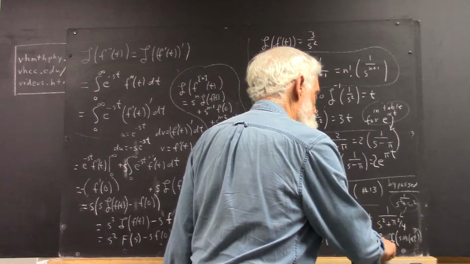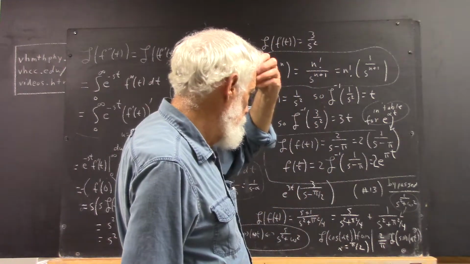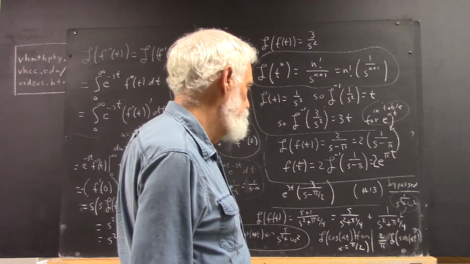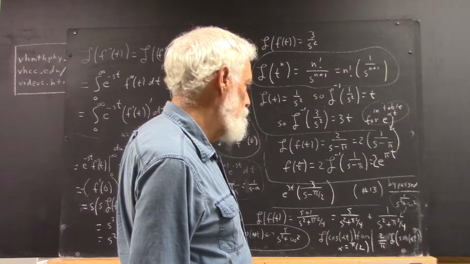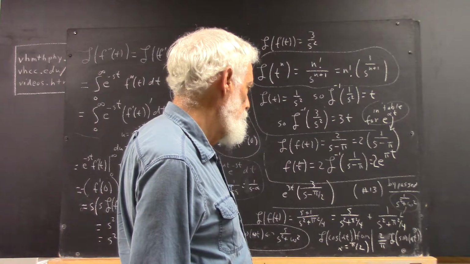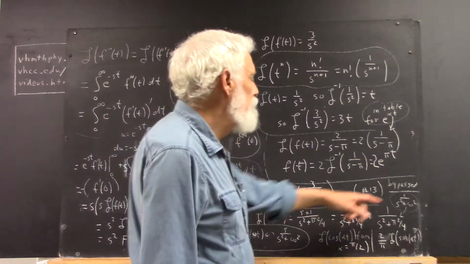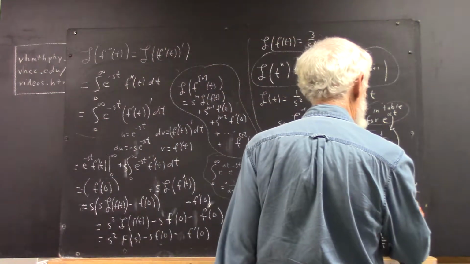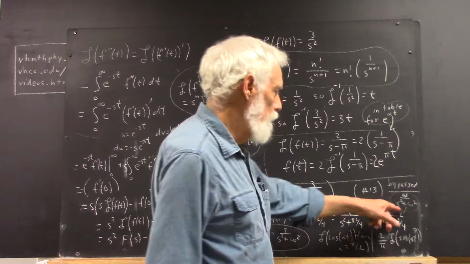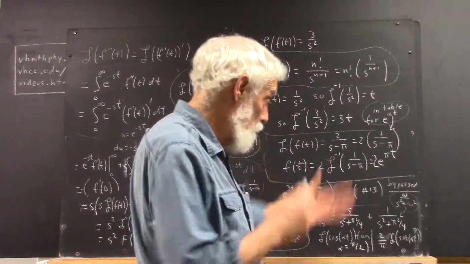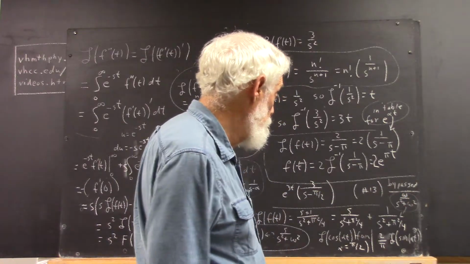This one is, I'm not sure, oh yeah. Okay, what's in the table is not this. What's in the table is omega over s squared plus omega squared, not 1 over s squared plus omega squared.